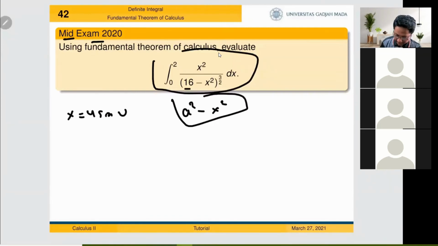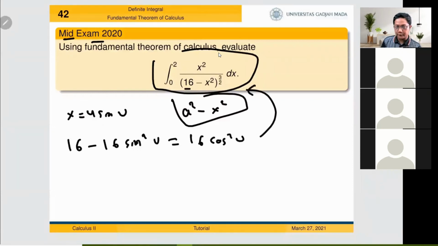Why? Because if I substitute into 16 minus this, I have 16 minus 16 sin squared u, which is 16 cos squared u. So the square root will disappear. And the rest, I think it should be easy. That's the idea.